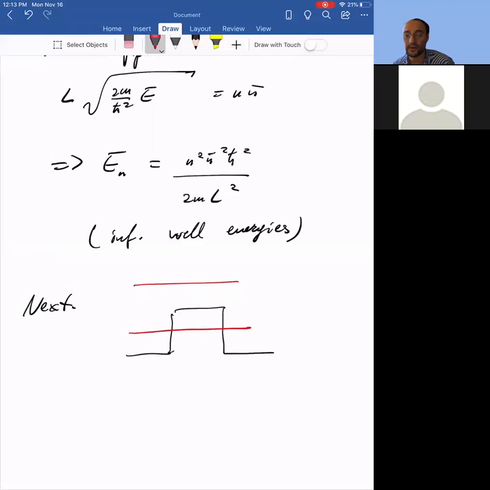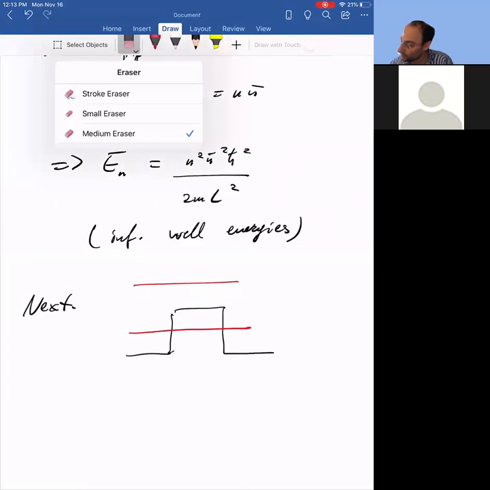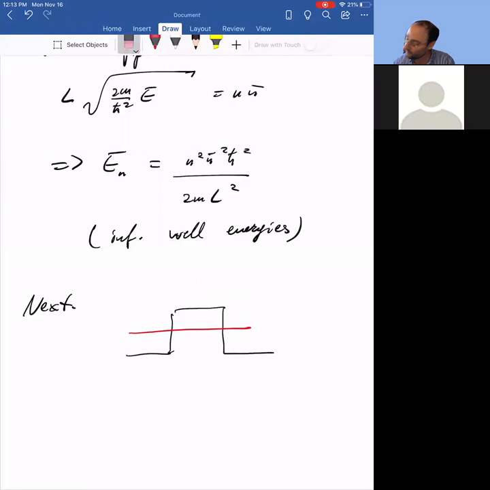It will not be transmitted. And now it probably will not take too much of your imagination that in this situation, you probably get a probability of reflection and a probability of transmission. So this is very interesting. The particle comes in, it gets reflected most of the time, but there's a small probability that it will get transmitted. That is called tunneling.